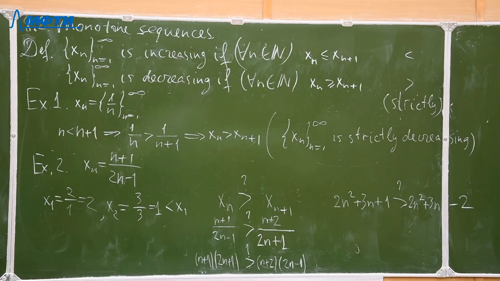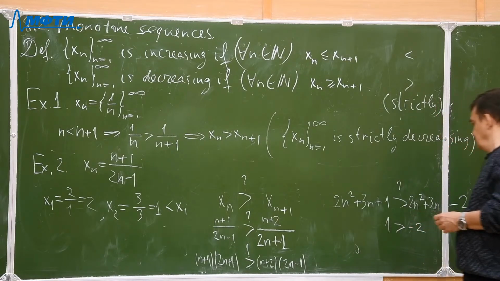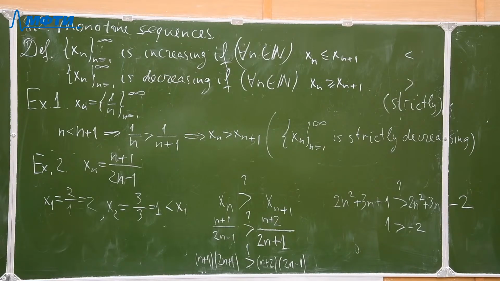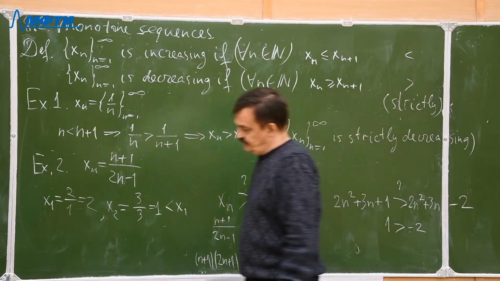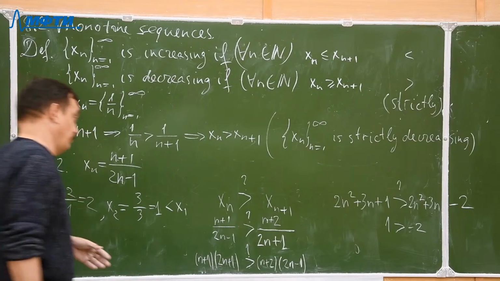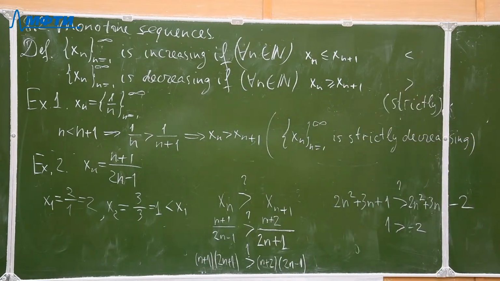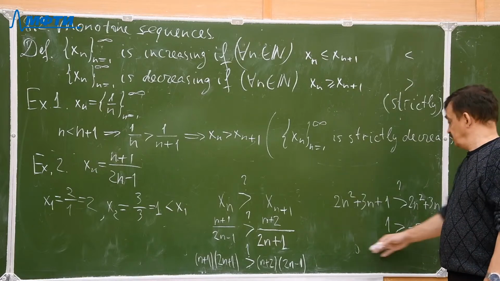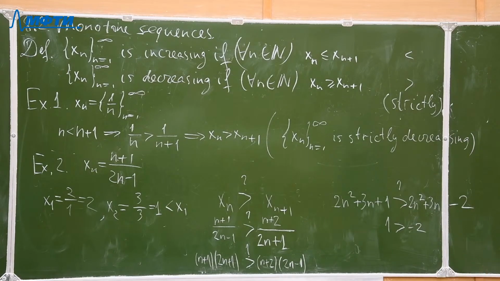And you see that indeed we have the correct inequality, 1 greater than minus 2. And since all inequalities were equivalent to each other, before we didn't know the precise sign of the inequality, but at the very end we got the inequality greater.